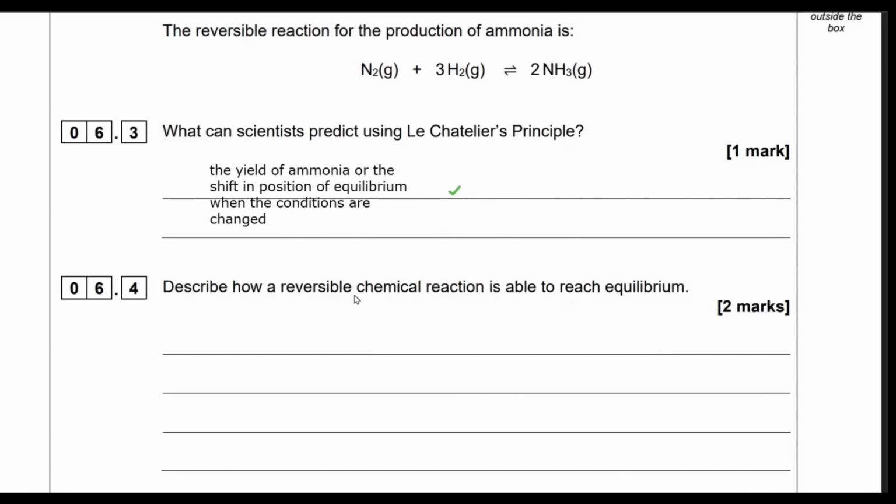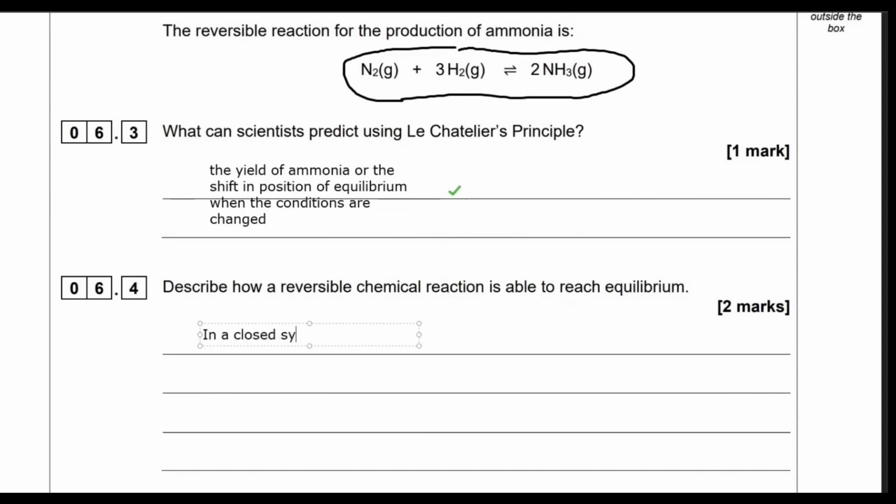Describe how a reversible chemical reaction is able to reach equilibrium. So you have to be reversible to reach equilibrium, and you have to be in a closed system. So in a closed system, a reversible reaction will reach equilibrium where the forward and backward reaction rates are equal.